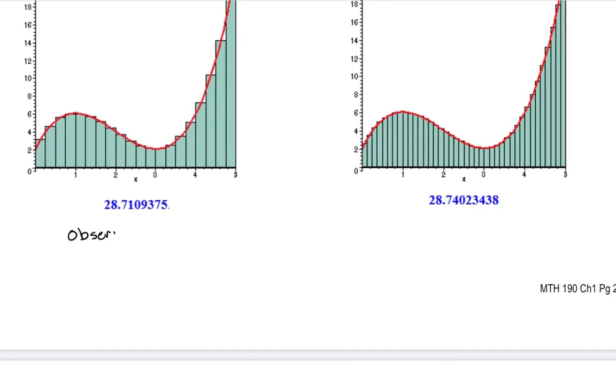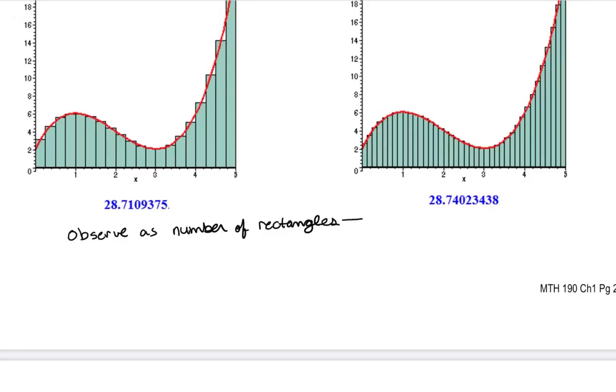So again, what I want you to observe from these pictures is that there are 2 different ways that we could say this. We could say as the number of rectangles, which we might refer to as the variable n, but I'll just leave it in words, goes to infinity.